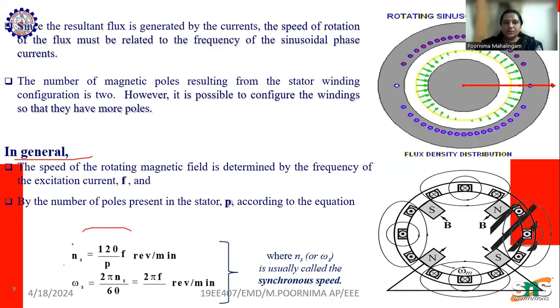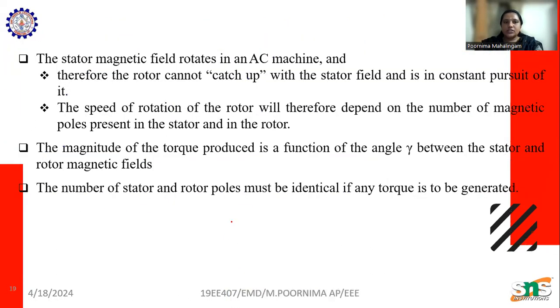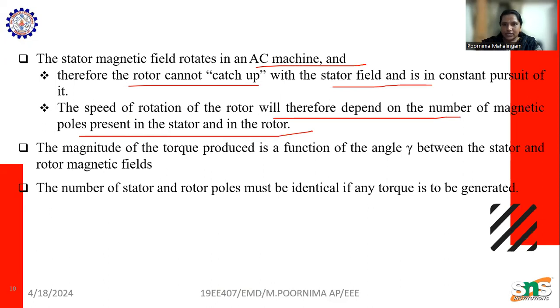Here the synchronous speed is 120 divided by P into F. Here 120 is a constant, P is the number of poles, and F is the frequency. At synchronous speed, the stator magnetic field rotates in AC machines, and the rotor cannot catch up with the stator field. So the speed of rotation of the rotor depends upon the number of magnetic poles present in the stator and the rotor.